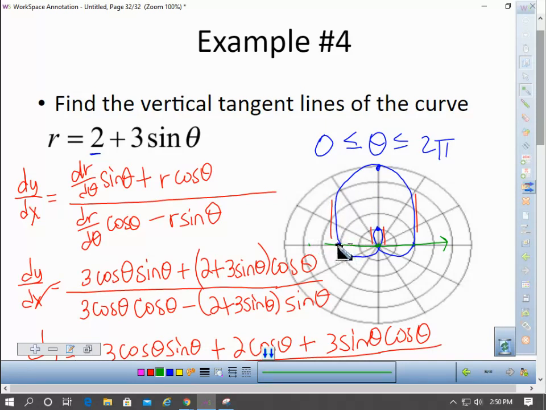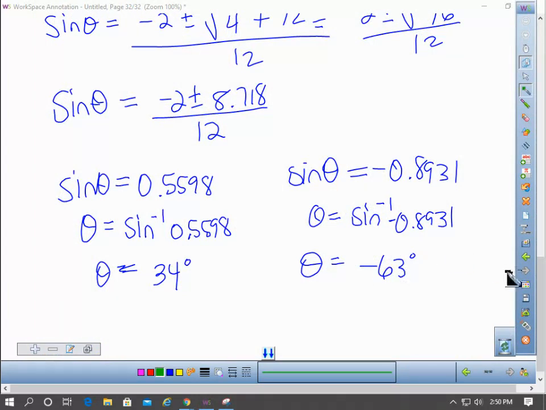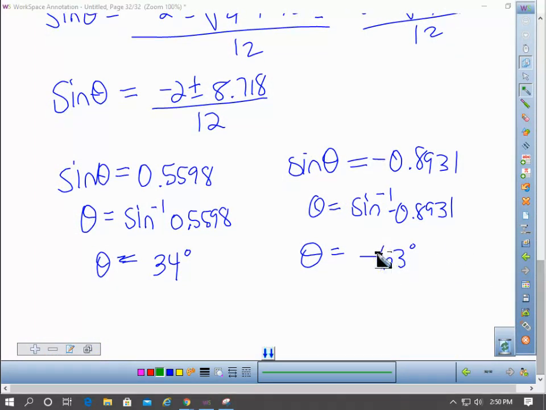Then from pi to 3 pi over 2, it maps out from here up to this dot right here. And then from this dot on around here is going from 3 pi over 2 to 2 pi. All right, so it takes an entire 2 pi to map out this entire thing. So notice my answers, 34 and negative 63, they're within 2 pi, except this one's written backwards.